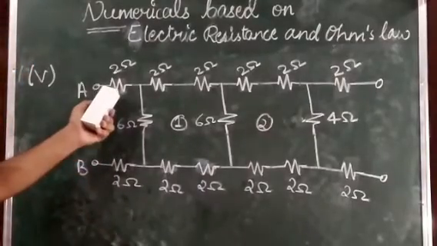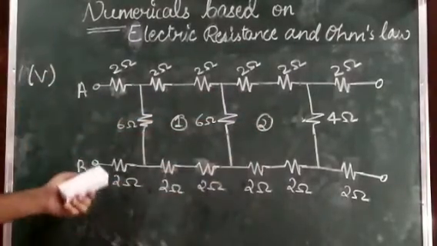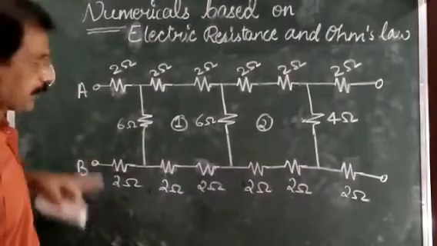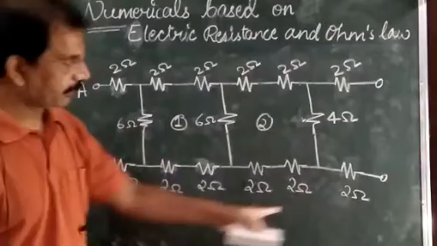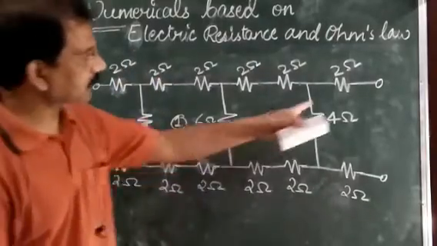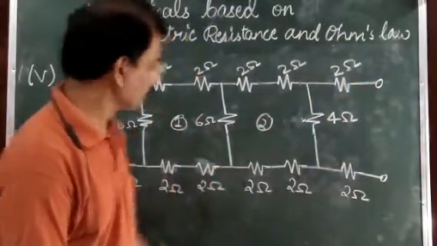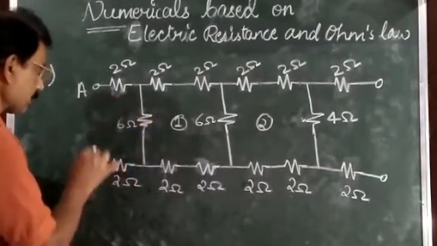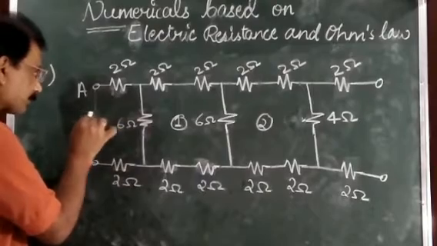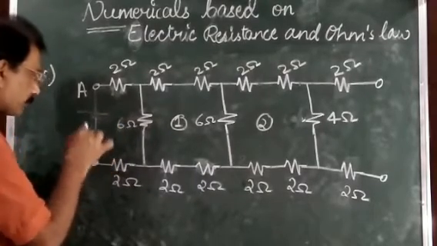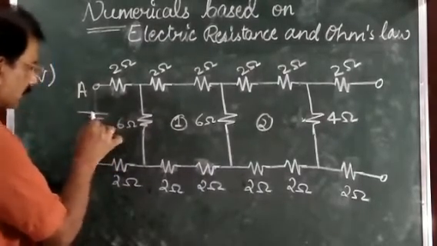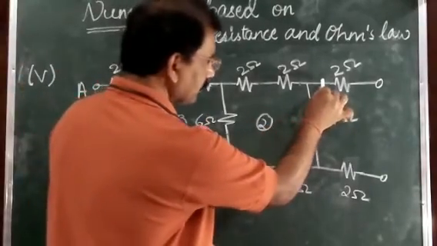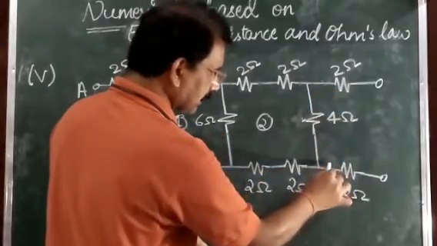Now in this problem, suppose any circuit is given like this one, and our aim is to find the equivalent resistance between A and B. But if you observe this circuit here, to last this 2 ohm and this 2 ohm, actually our aim is to find the equivalent resistance across AB. Assume if this AB is connected with a source, then maybe the current will pass through this one, this one, this one, this one, and current in this portion and current in this portion.